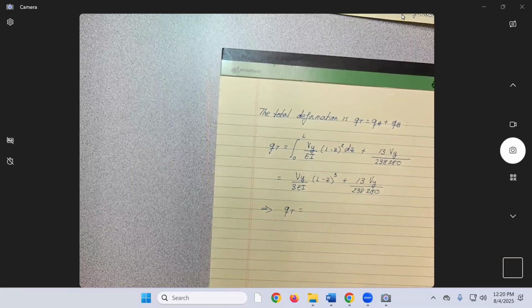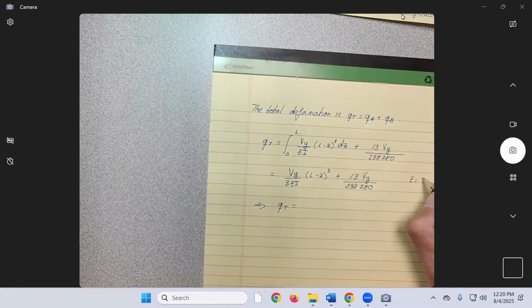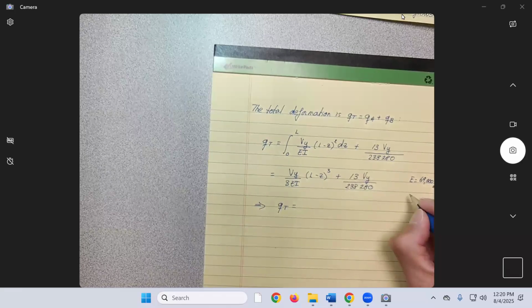And once you do the substitution, what was the calculation we had? E was going to be equal to 69,000. So be careful here: 69,000 newtons per millimeter square. I was equal to Ixx.